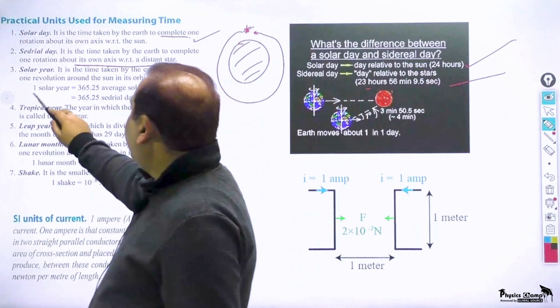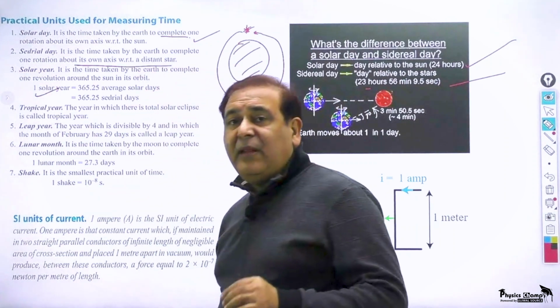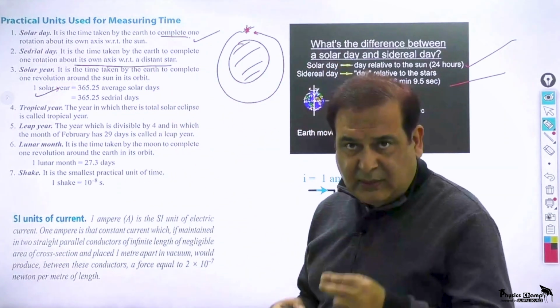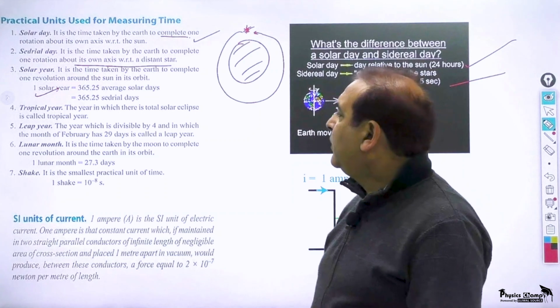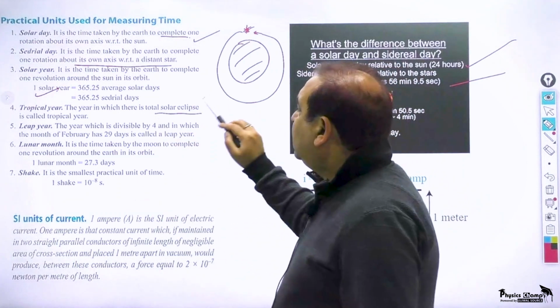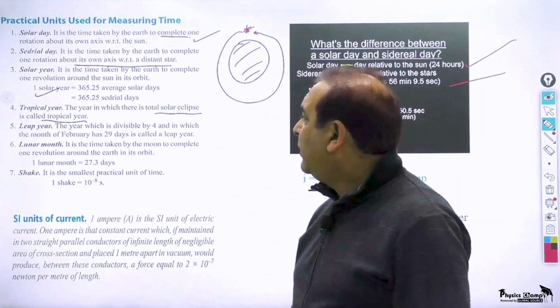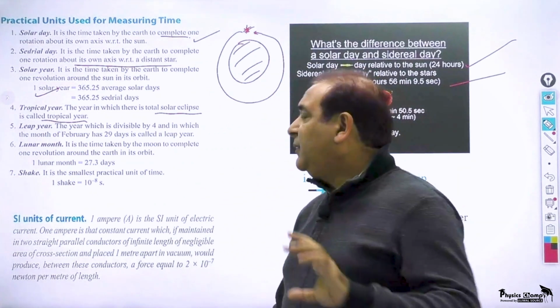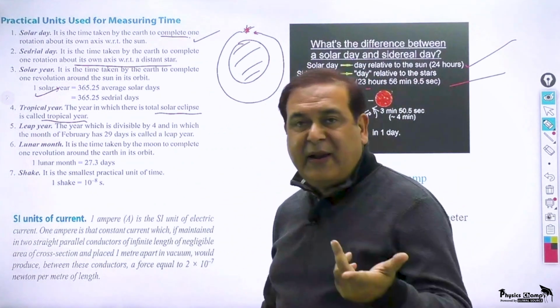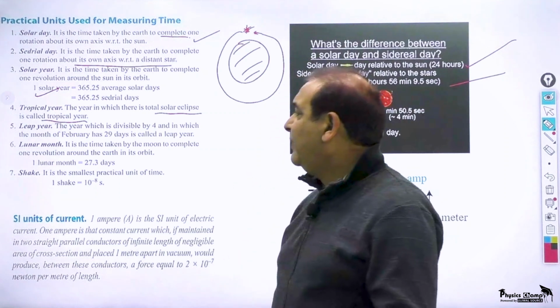Then a solar year, the time taken by the Earth to revolve once completely about the sun. Tropical year, the year in which there is a total solar eclipse. Leap year, when you have Feb of 29 days instead of 28 days.